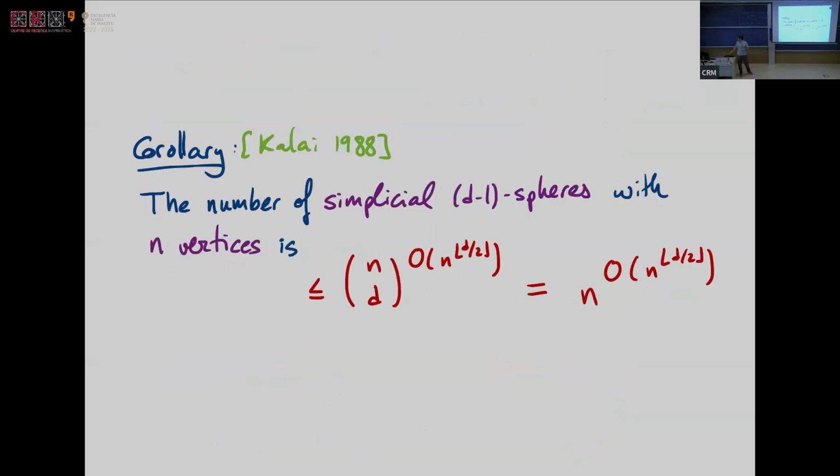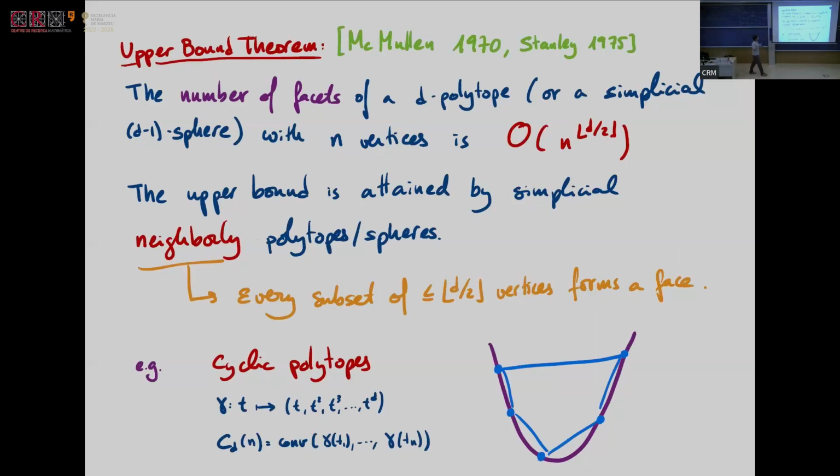Why did I put two names here? Well, McMullen proved the upper bound conjecture in 1970, shortly after Grünbaum's book. But something much stronger is true, and that was proved by Stanley: it is also true if you only take something topological.